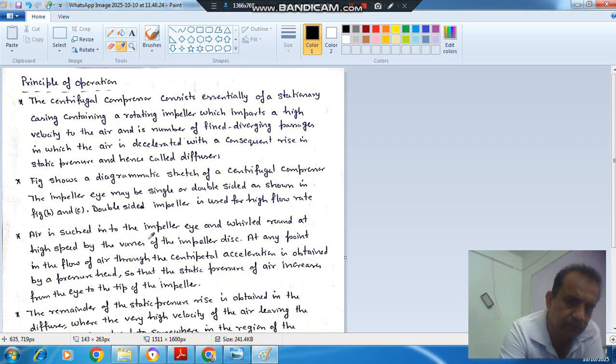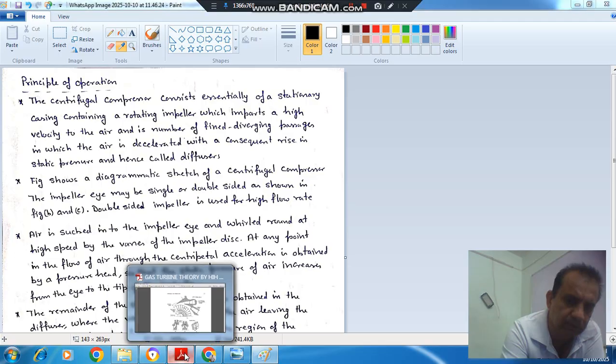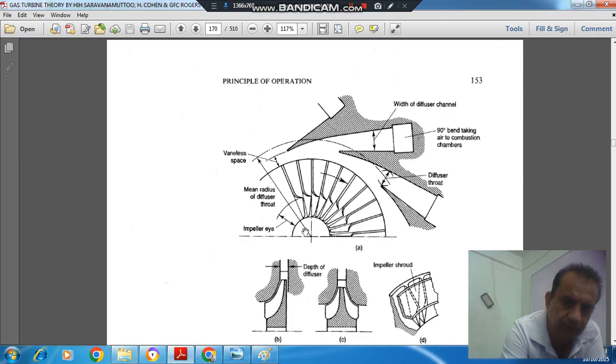Air is sucked into the impeller eye and whirled around at high speed by the vanes of the impeller disc. So air is entering here and then it moves radially, and while it moves in the radial direction, the impeller also imparts the whirl velocity. So its velocity is increased by the impeller because this is the rotating part of the centrifugal compressor.